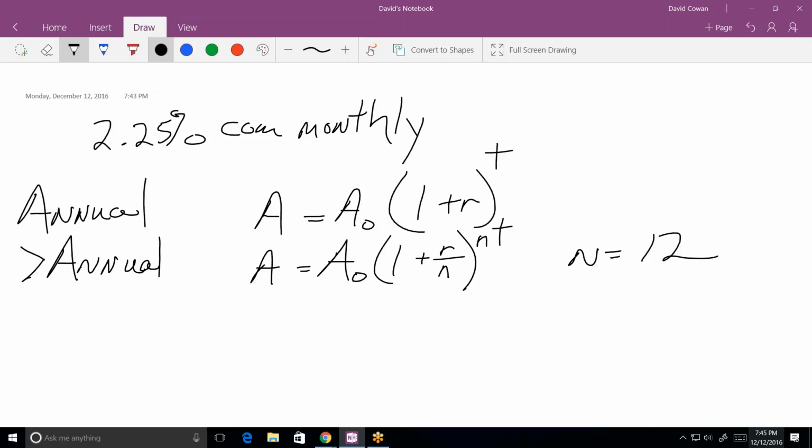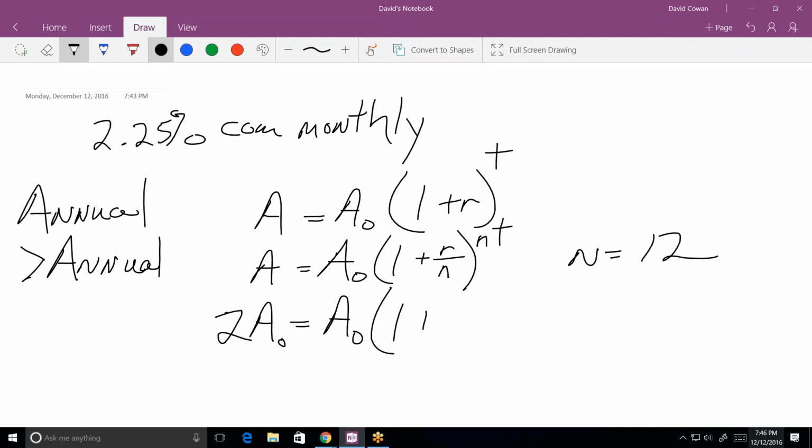And they said, how long does it take money to double? Well, what they're really saying is A sub 0 becomes 2A sub 0. So I'm going to write 2A sub 0 in place of A. That would be a doubling regardless of what A sub 0 was.